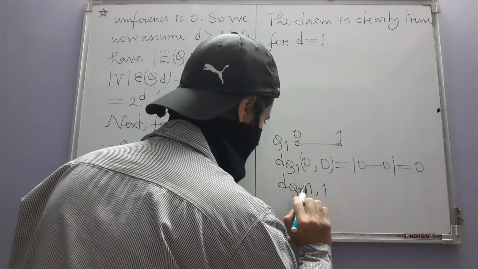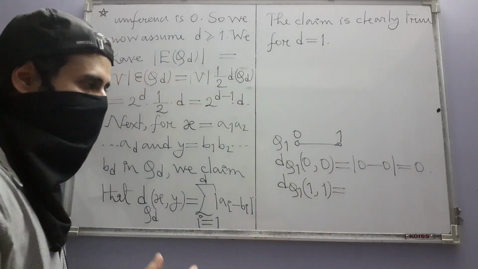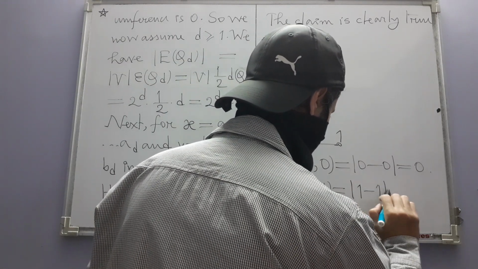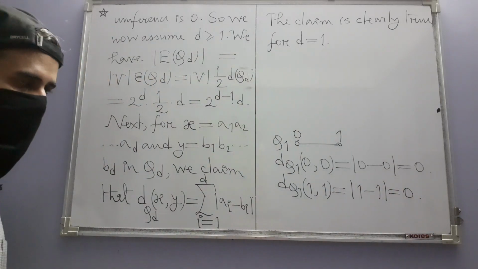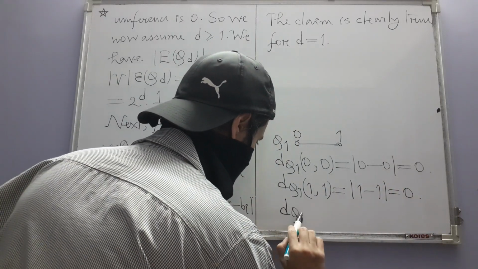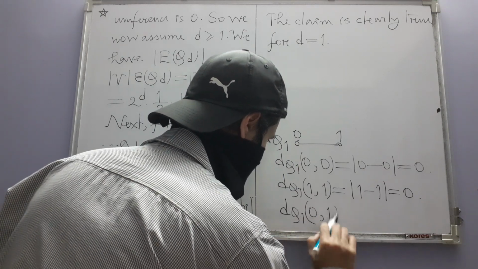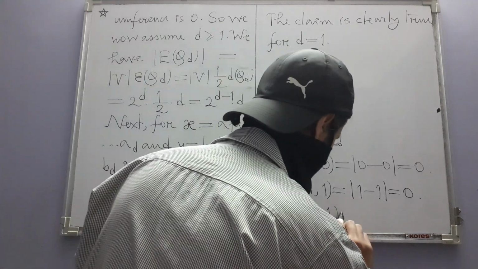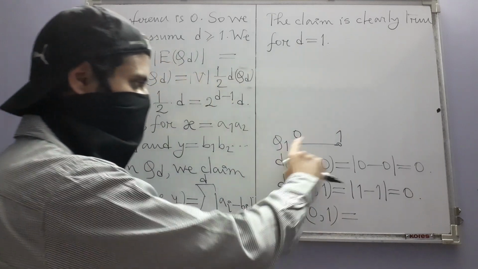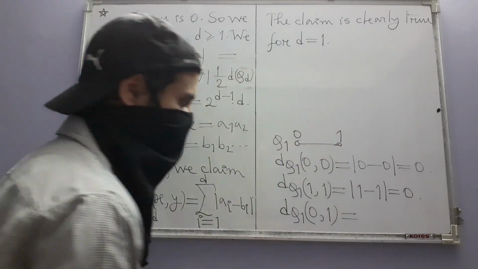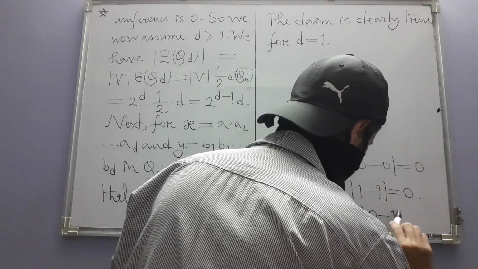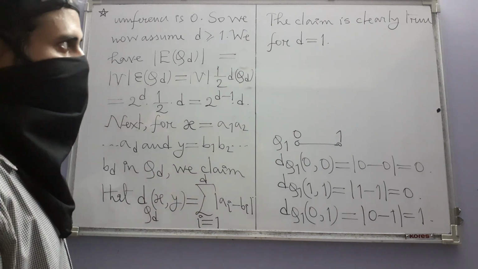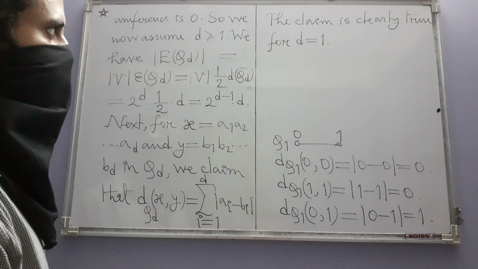And if both of them are 1, then also the distance is 0. It should be 0 by definition of distance. By this formula, also it is 0. Whereas the other possible choice is that one of them is 0 and the other is 1. Order, of course, does not matter. You write 1 here and 0 there, that does not matter. Here the distance should be 1, that we can directly see from the graph, but also by the formula it is 1. So that means this in fact is true when d is equal to 1. It's clearly true for d equal to 1.